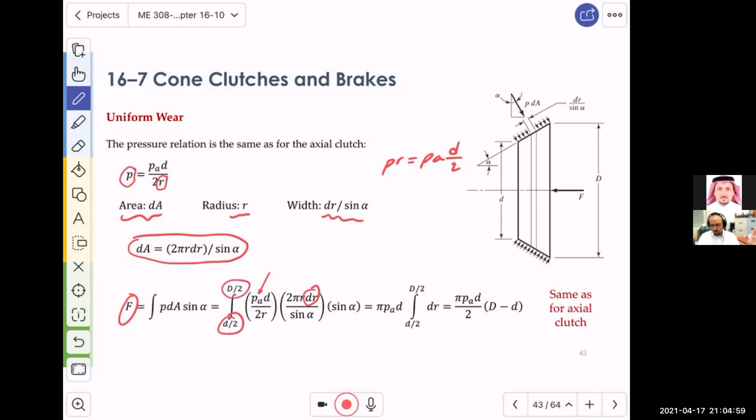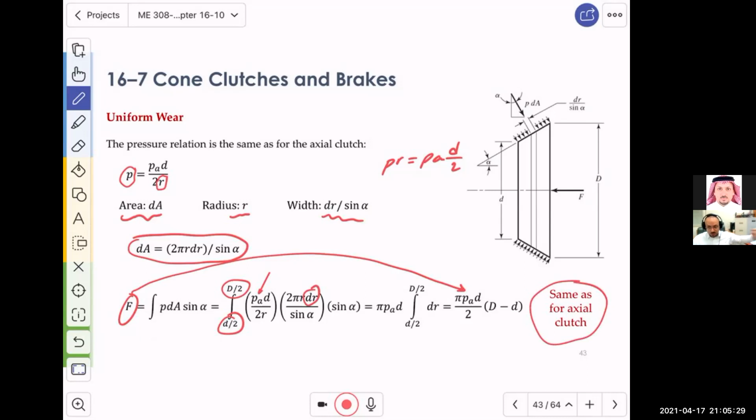That's it, right? When you do the integration and solve it, you will end up with the force equal to this. Now look at it carefully, ya shabab. It's pi PAD divided by 2 multiplied by D capital minus D small. This is exactly the same force as for the axial clutch. You see that? So it's the same.